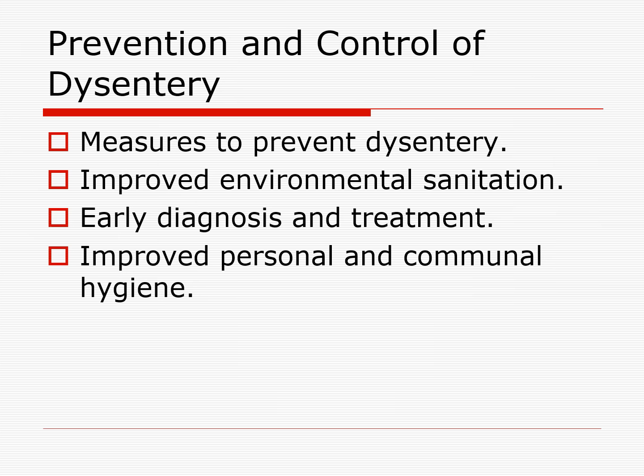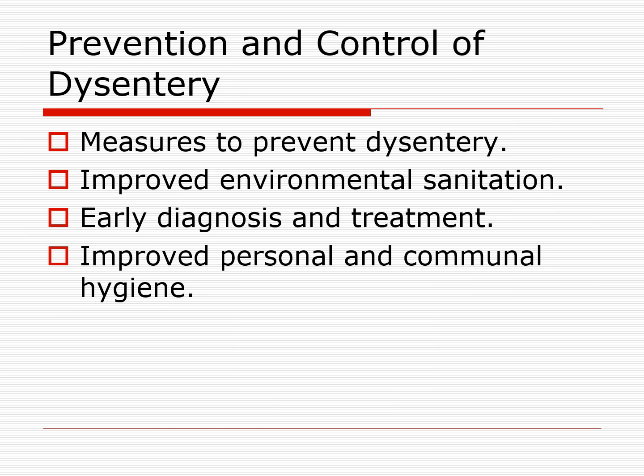Then regular screening of food handlers. Another measure is improved personal and communal hygiene. Adequate hand washing with soap under running water after using the toilet and before handling and eating food. Use of pit latrines or toilets for defecation. Children should not be allowed to defecate on the ground. Toilet training pots should be used and disinfected after use.